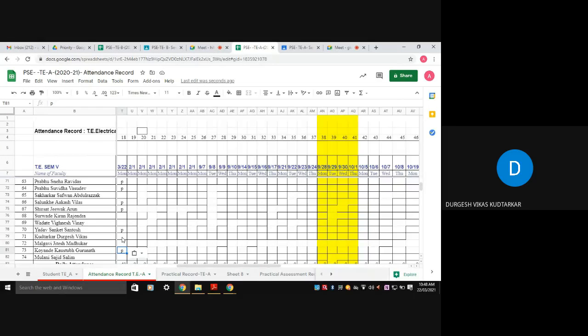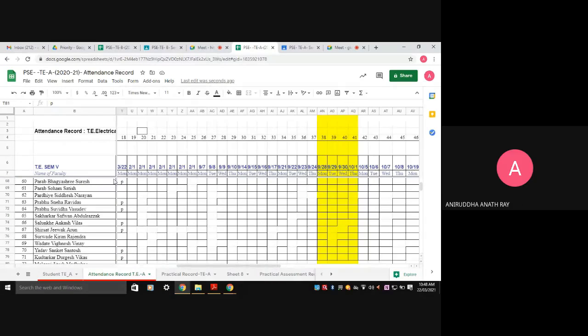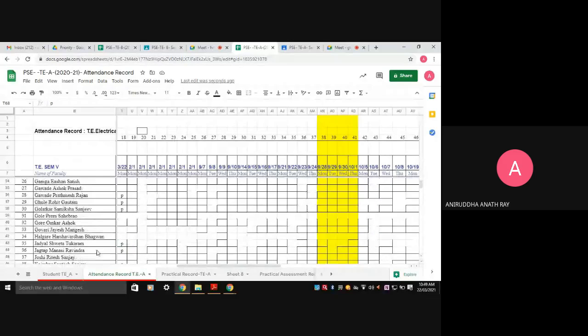I marked already, no? Then why are you? Bhageshri Parab, roll number 60, no? Pardon? Roll number 34. Okay.